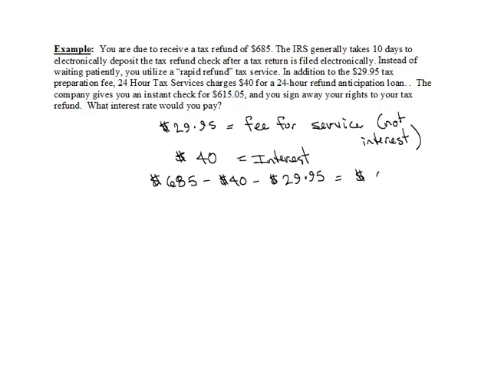And so that's how they came up with this fee of $615.05. Okay, so this is actually the amount we are borrowing. This is the amount that is earning interest. Not for us, but for this company.